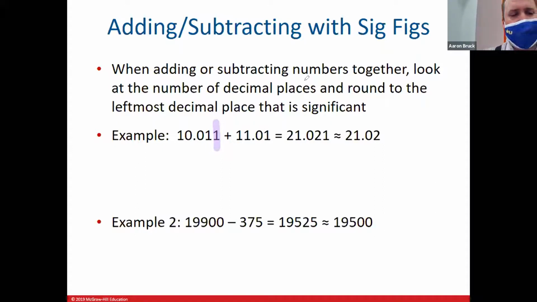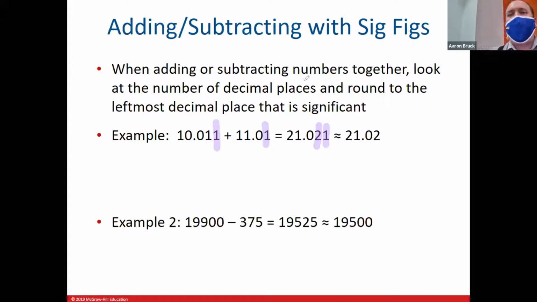So the third decimal place is the uncertain digit in the first number. The second decimal place is the uncertain digit in the second number. Well, what that presents is when I add these two together, I can see that I have an uncertain digit here and an uncertain digit there. I've got two uncertain digits as the result of adding together these two numbers.